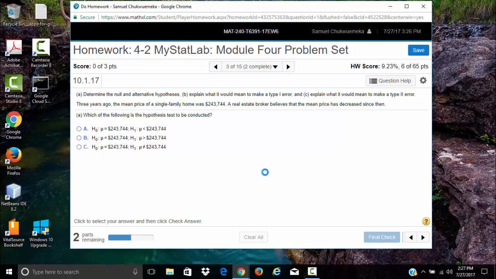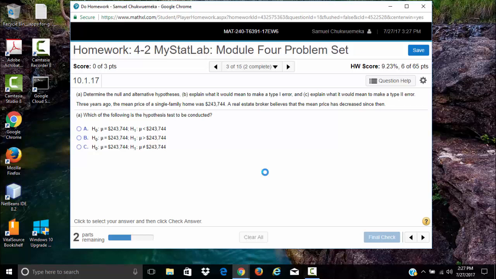So that means the alternative hypothesis would be that the mean is less than. Okay, 3 years ago, the mean price was $243,744.